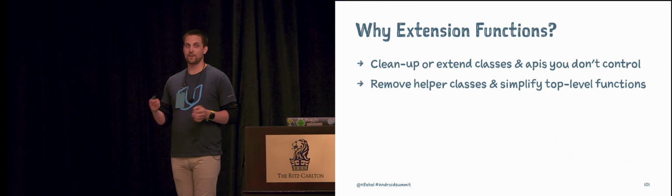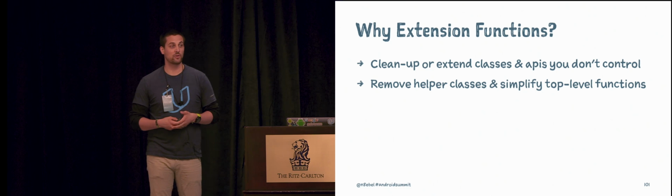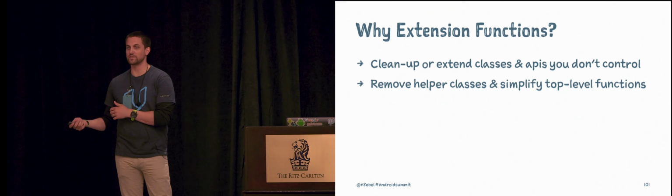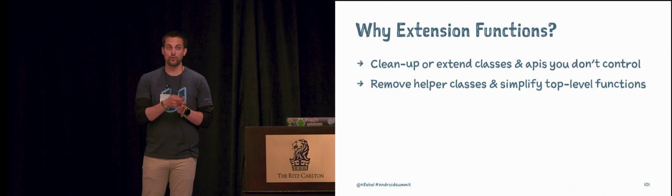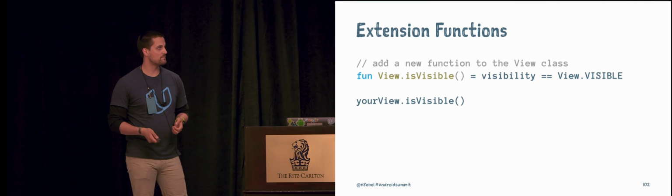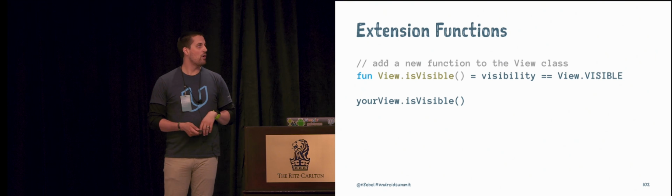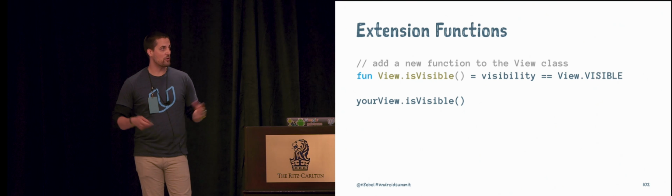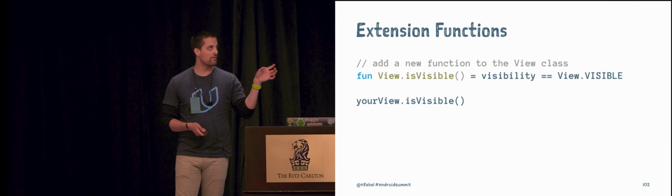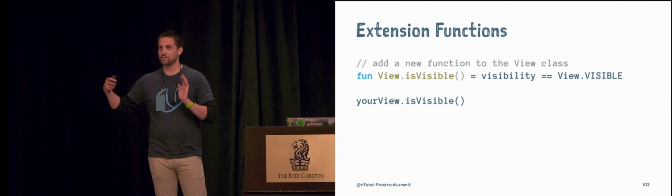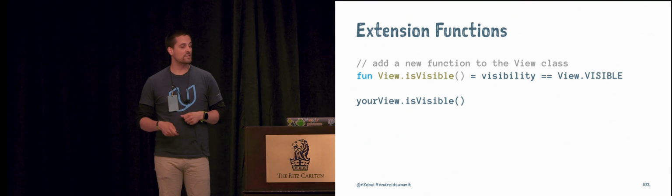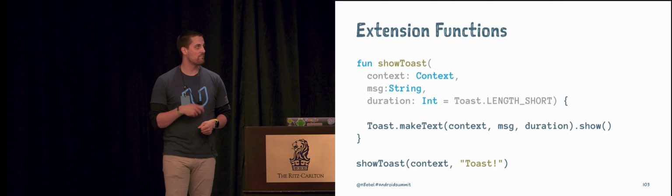If you have a whole set of functions that are all utilities around context, for example, you could define extension functions for those instead, and so you can call them directly on a context from Kotlin, which looks much more natural. So here's an example where maybe we want to check whether a view is visible or not. We could define an extension function for this, and so now we have view is visible. This looks very nice. It looks like a natural part of our API, and we could go about extending things further if we wanted in this way.